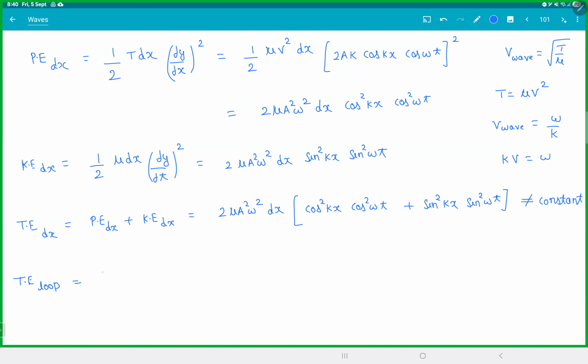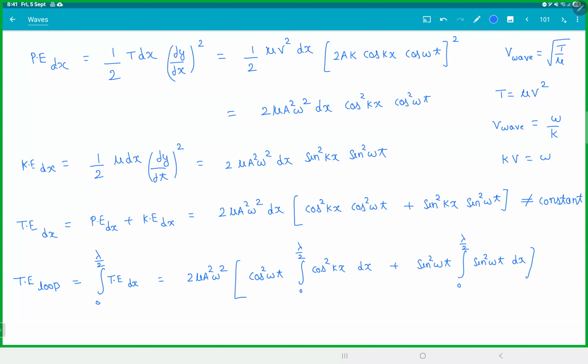So total energy for a loop is the integral of dE dx from 0 to lambda by 2. Basically, you're integrating with respect to x. So time is constant. 2 mu a square omega square cos square omega t, integral 0 to lambda by 2 of cos square kx dx. And we know sine and cos function average value for one time period will be half.